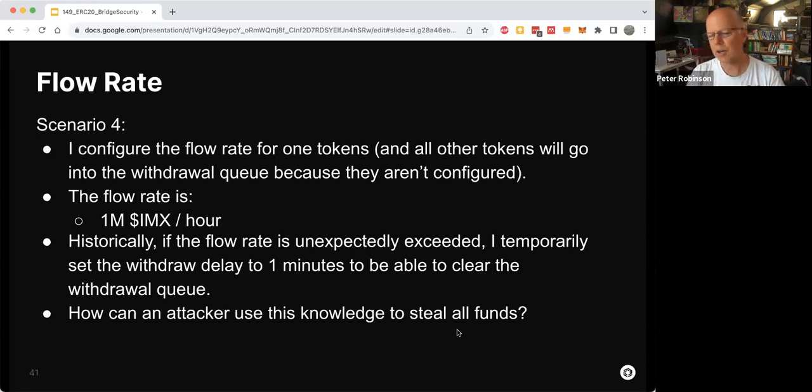Then they would hope that I would reduce the withdrawal delay to 1 minute to clear out those withdrawals, and then they would do their $600 million withdrawal and go straight through. So you've got to be really careful about thinking, oh, I'll just reduce the withdrawal queue delay to 1 minute so I can fix this problem with all these important withdrawals having gone into the withdrawal queue.